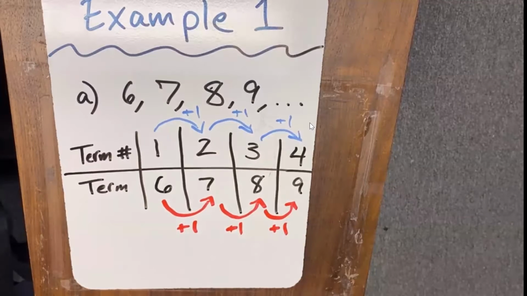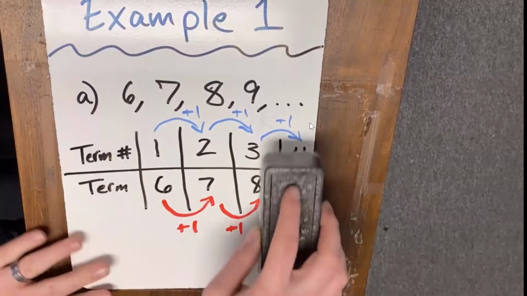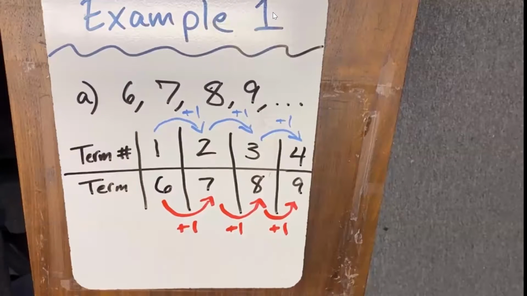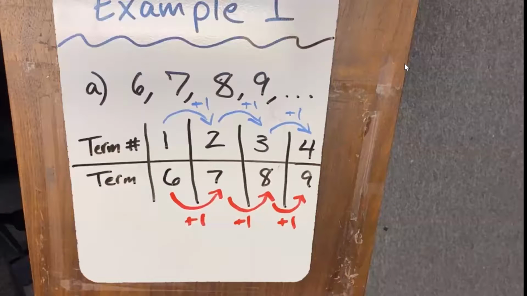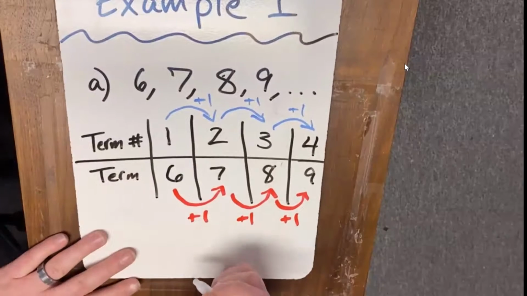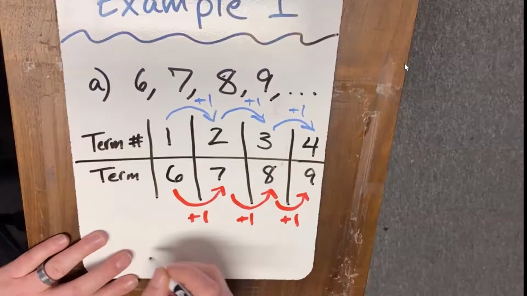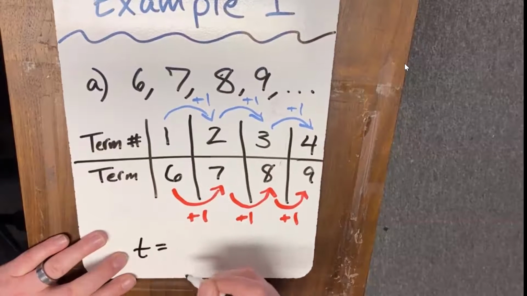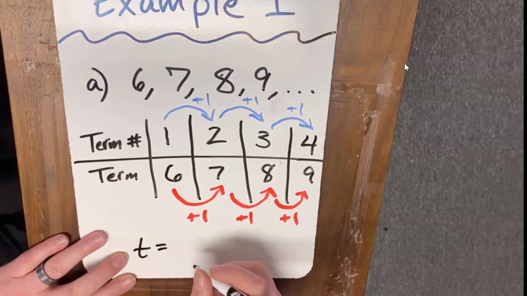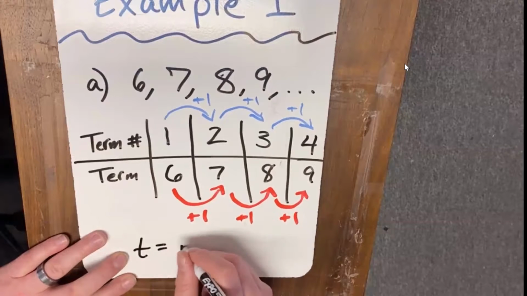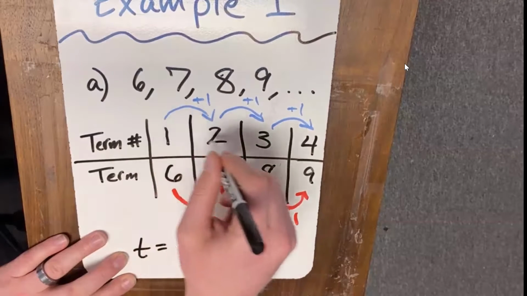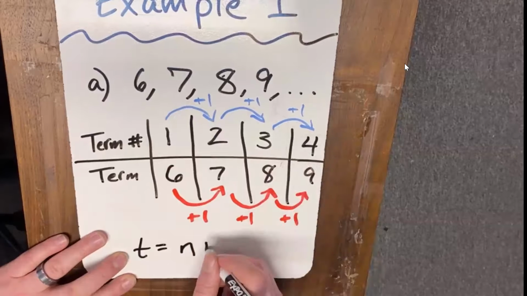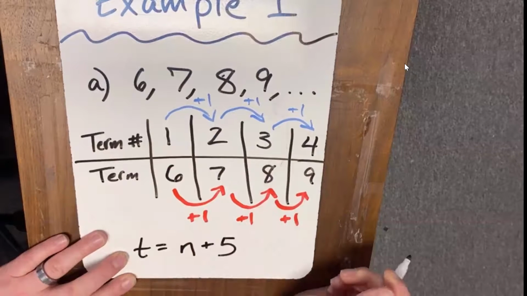So when I write out my equation, I'm going to have t, which is my term, equals n, which is my term number, the numbers on this row, plus 5.